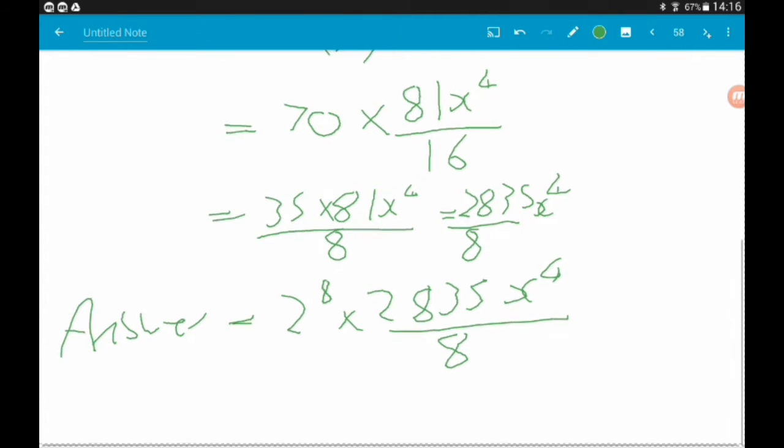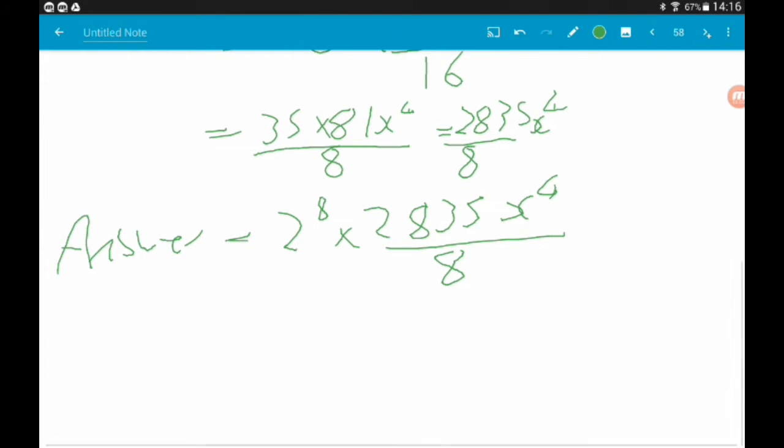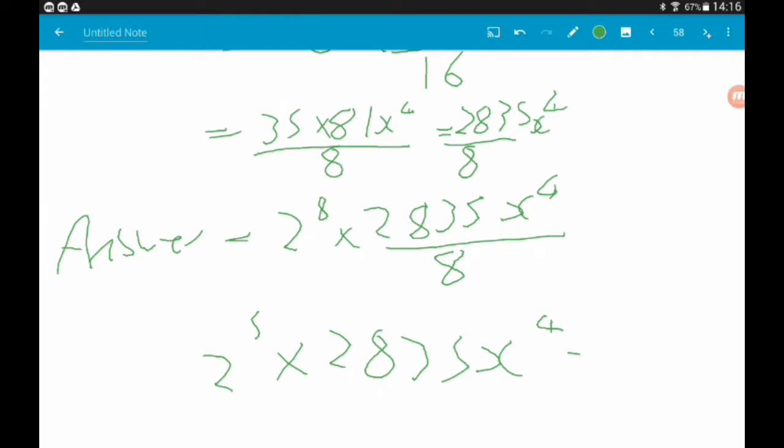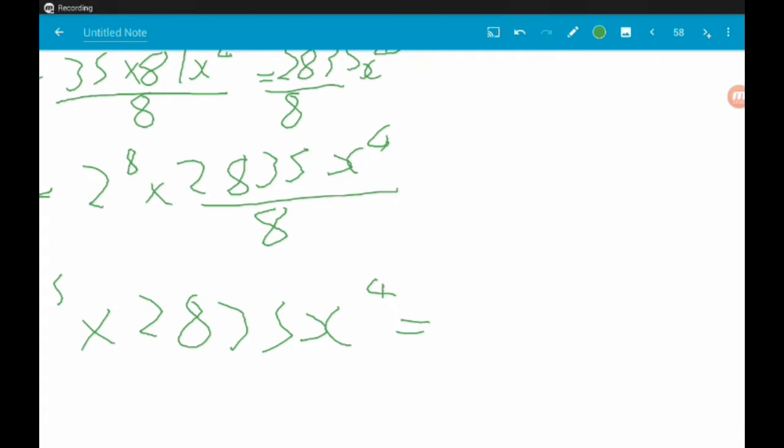Now, 8 is 2 to the power of 3, so we can simplify this to 2 to the power of 5 times 2,835 x to the power of 4, which gives us 90,720 x to the power 4. So with numbers like this, it's easy to see why they would only ask us to work out the coefficient of one term. What a bully.